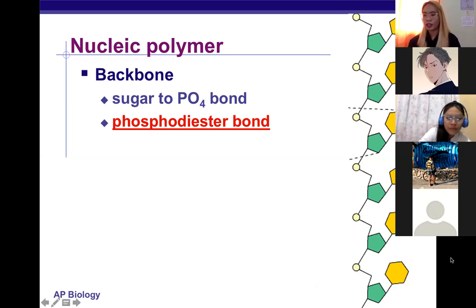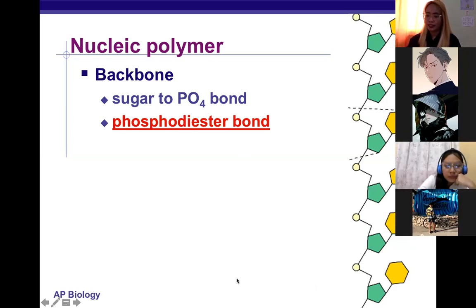Favorite na topic to ni Jernan. Jordsen, sige. Anong klaseng bonds are formed between sugar molecules? Di ba po yung polypeptide bond? Polypeptide. It's not polypeptide bonds. Coming from the word peptide, proteins yun eh.